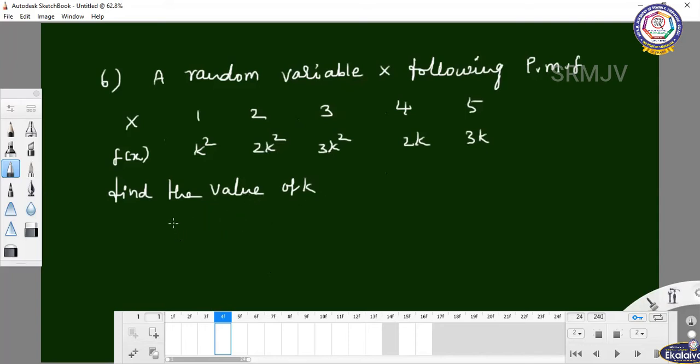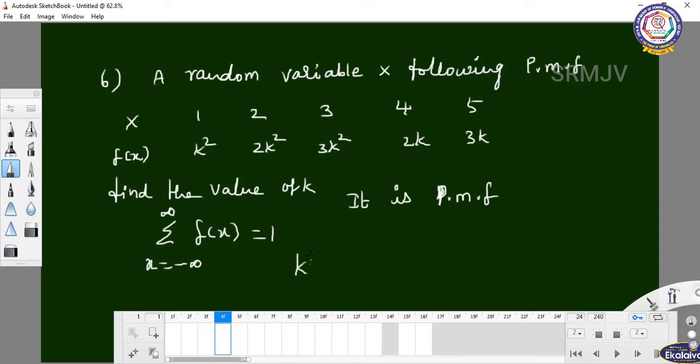You know very well, the sum of f of x from x equal to minus infinity to plus infinity equals 1. It is a probability mass function, so the summation equals 1.